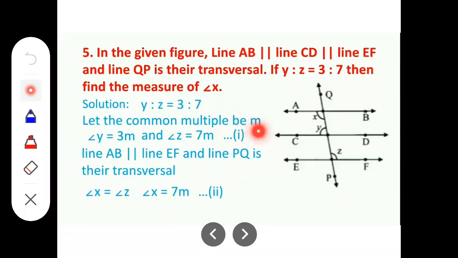If the ratio y is to z is given 3 is to 7, the value of y will be the first number, that is 3, and the common multiple along with it, that is m, so y equals 3m, and z equals 7m. Mark it as equation 1.